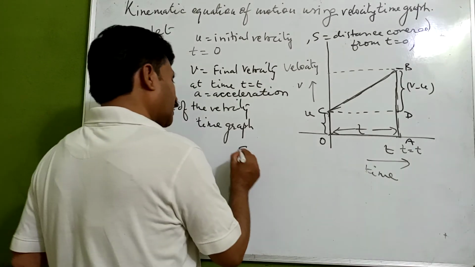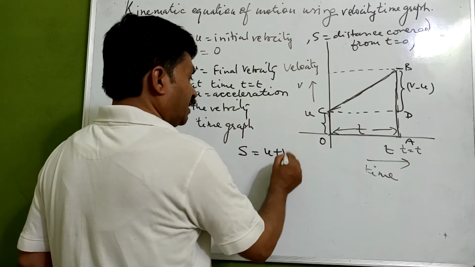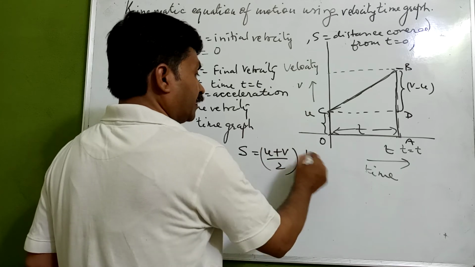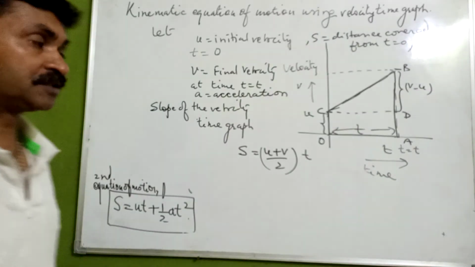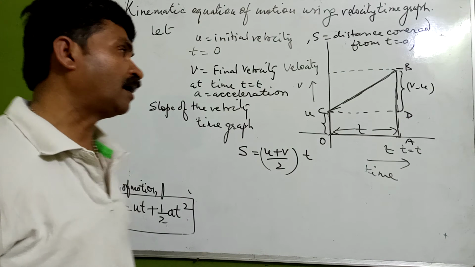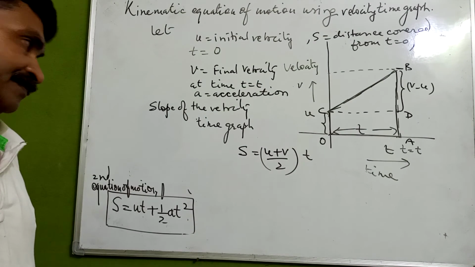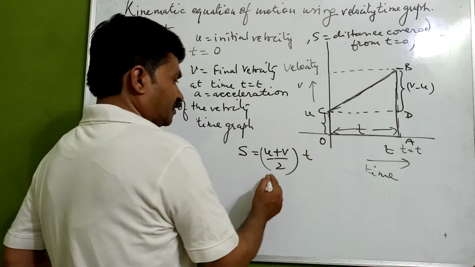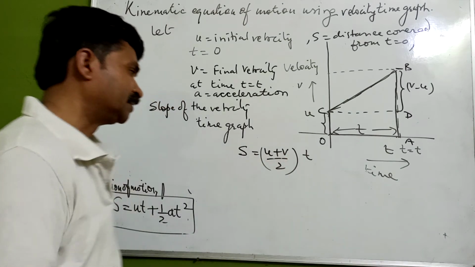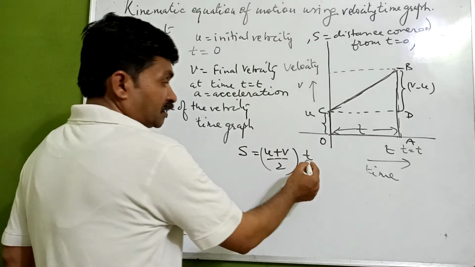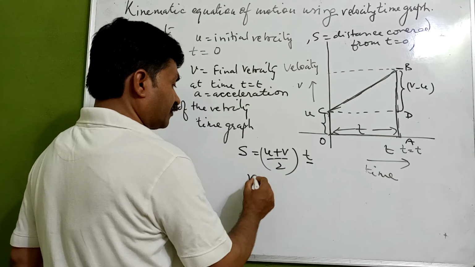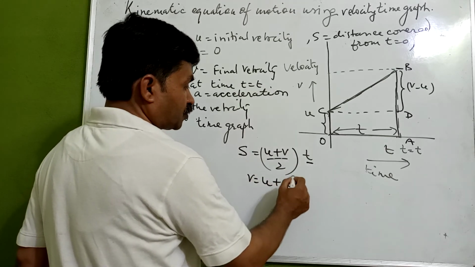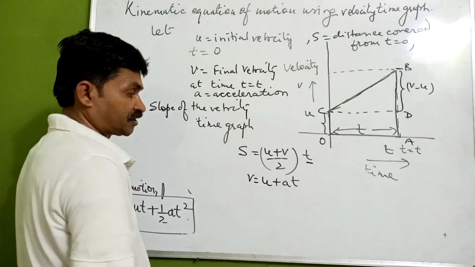We have s is equal to u plus v upon 2 into t. This is the relationship we got through the area of the trapezium. This is the average velocity. We also know v is equal to u plus at, the first equation of motion.